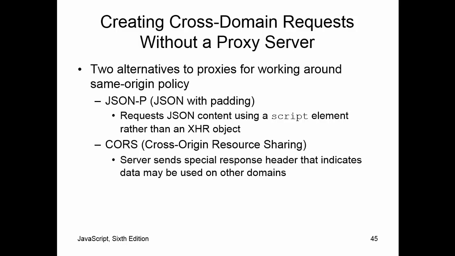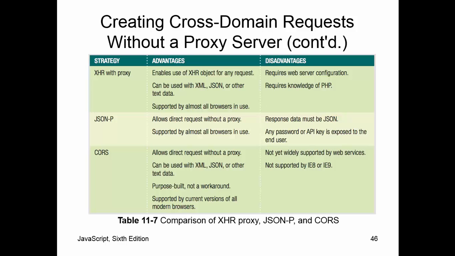Another way you can do this is with what's called CORS, which is cross-origin resource sharing. Here the server for a web service sends a special HTTP response header that indicates the response data may be used in other domains. This is explained on the top of page 785 in table 11.7 and on the slide.